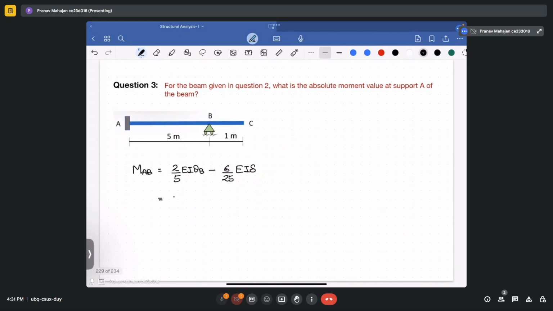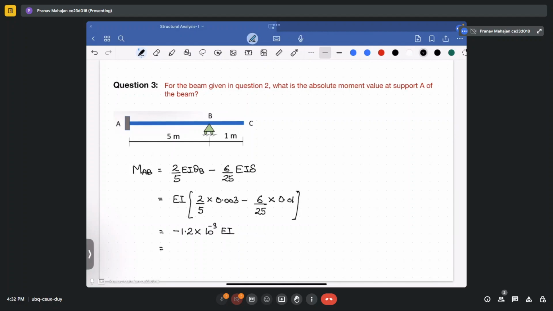We will take EI outside, take 2 by 5 into theta B. Theta B comes out in the previous question as 0.003 minus 6 by 25 into delta. Delta we have seen in the question as 0.01. Solving that, we get the value equal to minus 1.2 into 10 power minus 3 into EI.